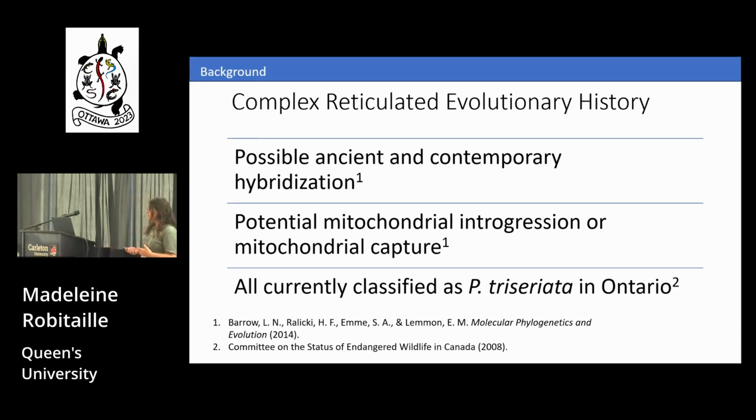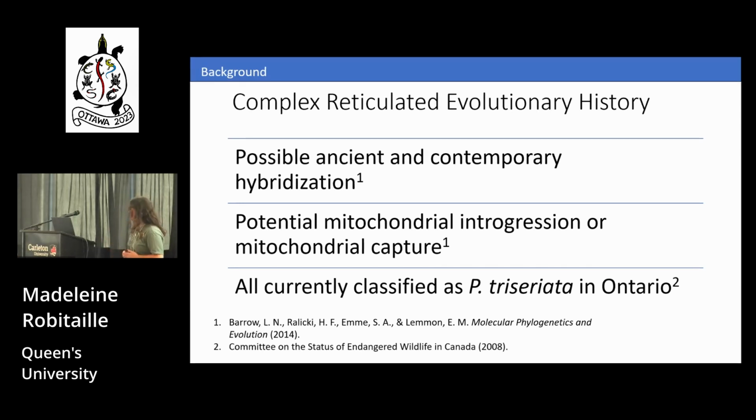A specific case of hybridization is called mitochondrial introgression, where the mitochondrial DNA from one species integrates into that of another species. The extreme case of this is called mitochondrial capture, where the entire mitochondrial genome of one species completely replaces that of another species. To make the issue a little bit more complex and confusing, currently in Ontario, all chorus frogs are listed as Pseudacris triseriata, regardless of the mitochondrial type, which is another complication for assessment.